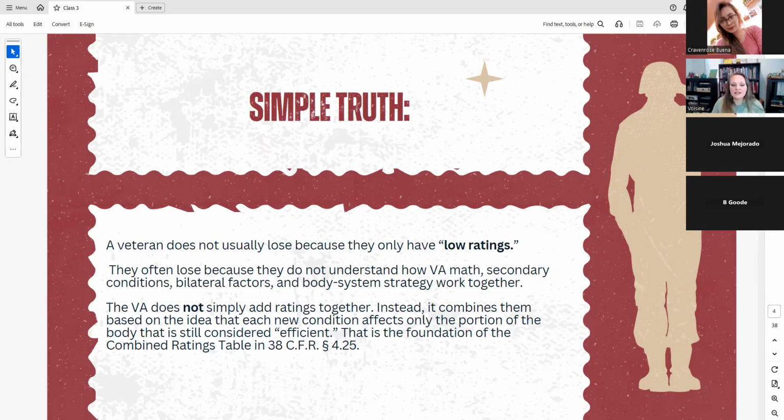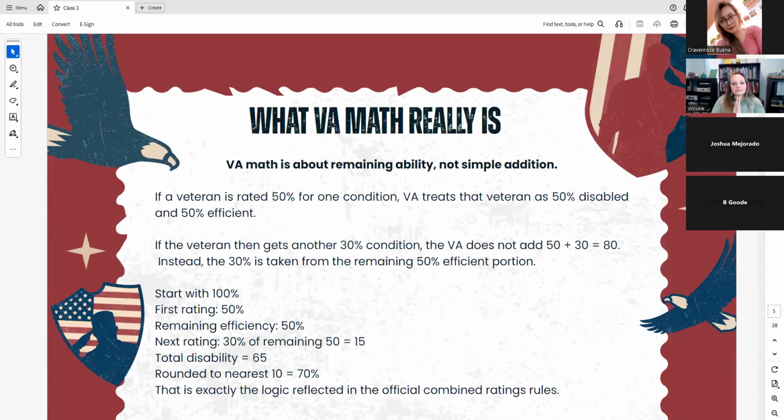And it's not just simply adding ratings together. If you have multiple ratings, you might think, wait a minute, 50 and 50 equals 100, why do I have 70 or 80? This is just really short information, and we're going to go in depth on it. If a veteran is rated at 50% for one condition, the VA treats that veteran as 50% disabled and 50% efficient, or able.